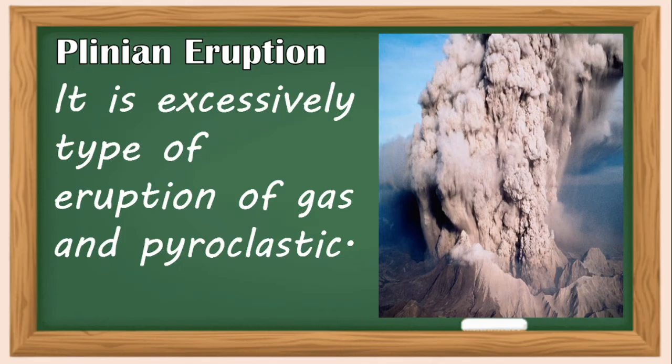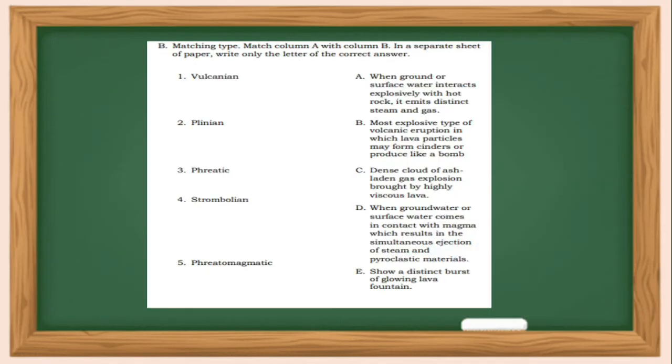Are you still there, Grade 9 learners? Now, to test your understanding about the classification of volcano according to its volcanic eruption, kindly do Activity 2, letter B in your module. Matching type. The direction is match columns A and B. Do this on a separate piece of paper.